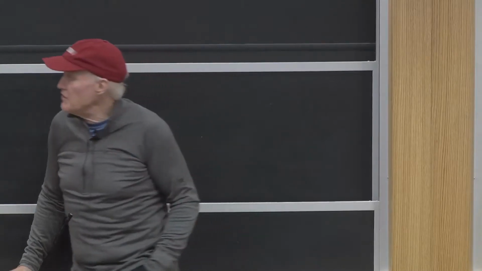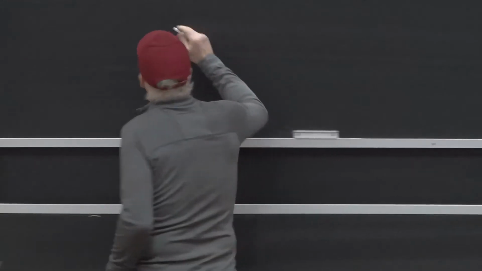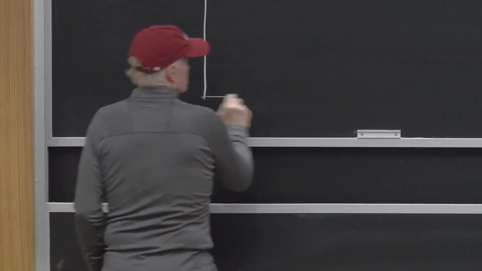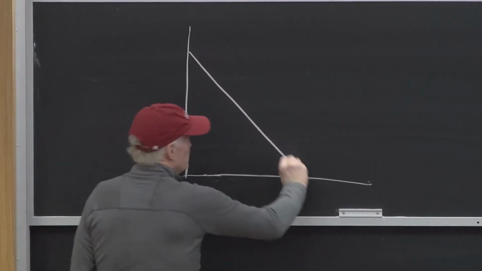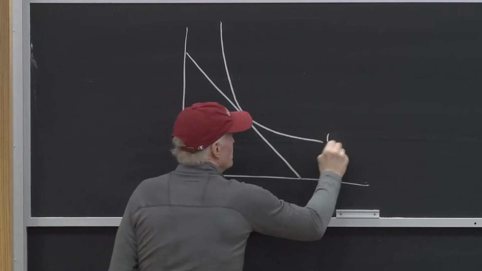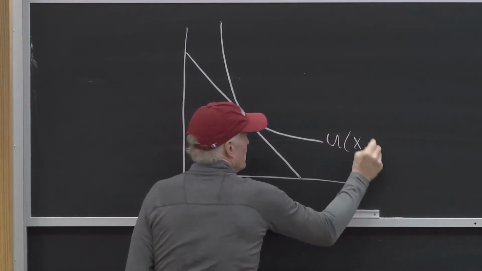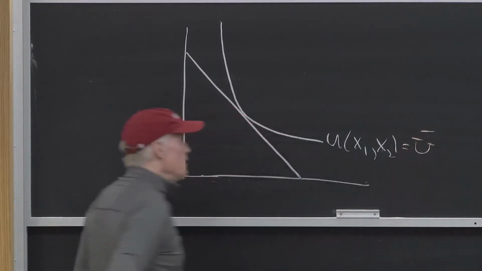And we can really take advantage of, let's say we started with a solution to the consumer's problem. And probably easiest to think about this as a Hicksian problem. So here's some utility level U of x1 and x2 equals some initial utility level U bar.